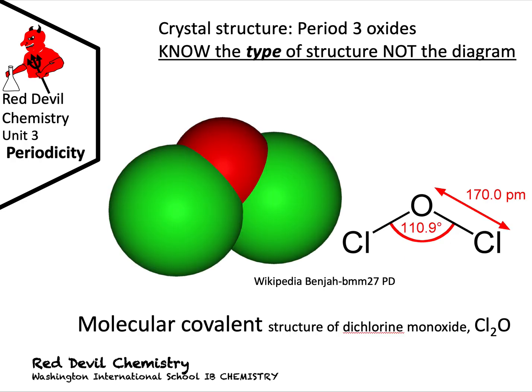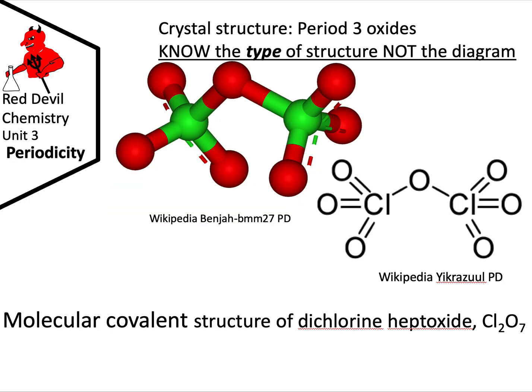Then we go on to chlorine and dichlorine monoxide, and again compare that to water, but you've got electronegative chlorine atoms which alter that central bond angle.